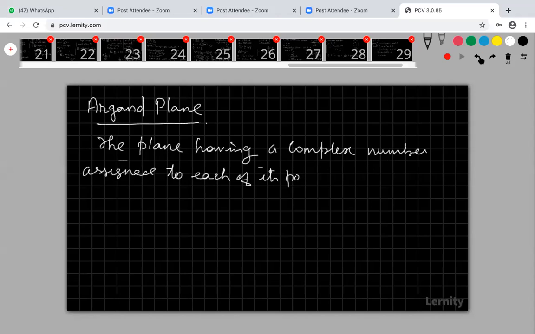is called complex plane or the Argand plane.